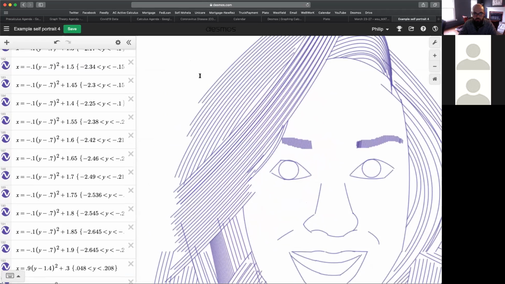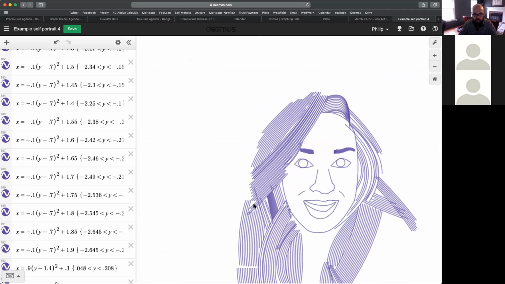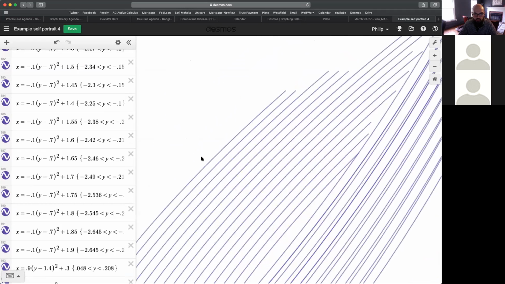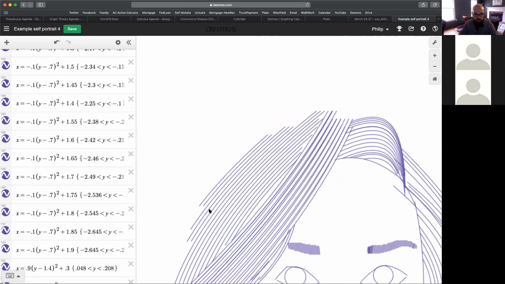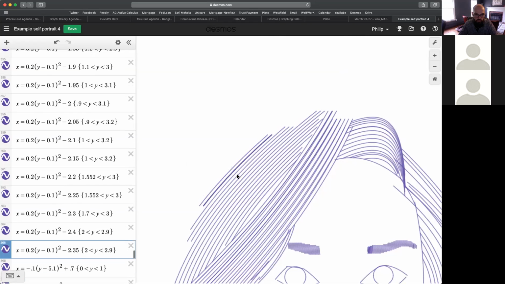If you wanted to do something similar, you can see here that she didn't trace the outline. She just added a bunch of lines in there. These are all parabolas. But you could do something similar where you look at the direction that your hair is going and then do a bunch of those if you wanted it to look pretty realistic.